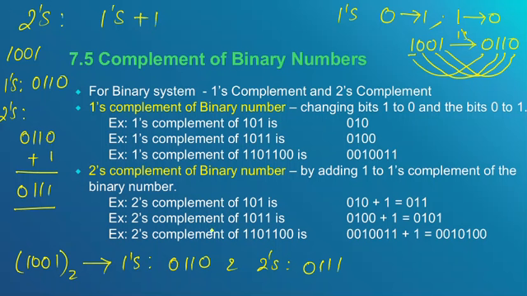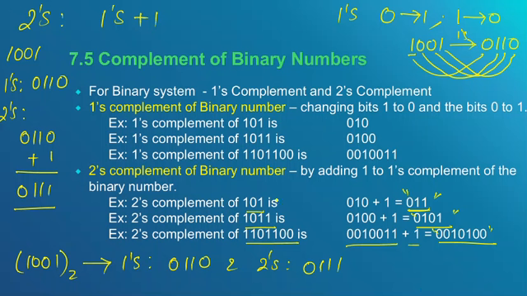For example, you can see here for 101, the 1's complement is 010. I just added 1 and this is the answer for the 2's complement of 101. Similarly, for this number, I just added 1, so it has become the 2's complement. And for this number, this is the 1's complement, I added 1 and this is the 2's complement for the given binary number.